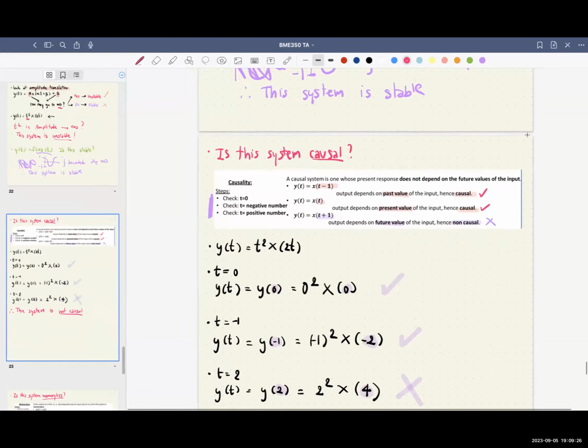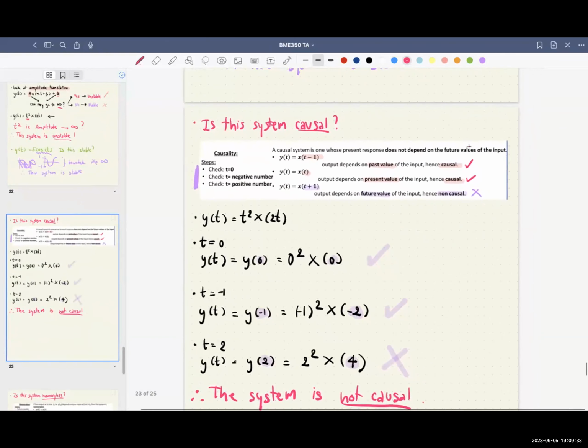For a system that is causal, the output of the system, y of t, is going to depend on the past and on the present of the input. Therefore, if we see the output depend on a future value, this is not causal.